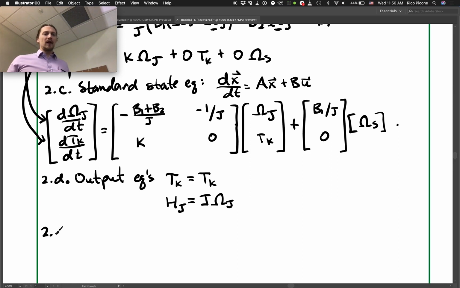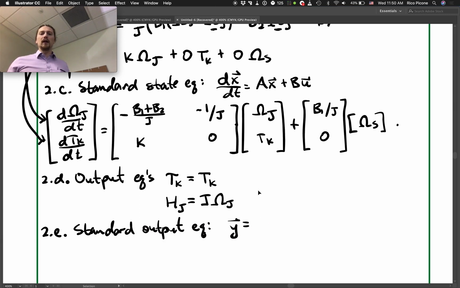So then finally to E, we have the standard output equation, which is always of the form y equals Cx plus Du.